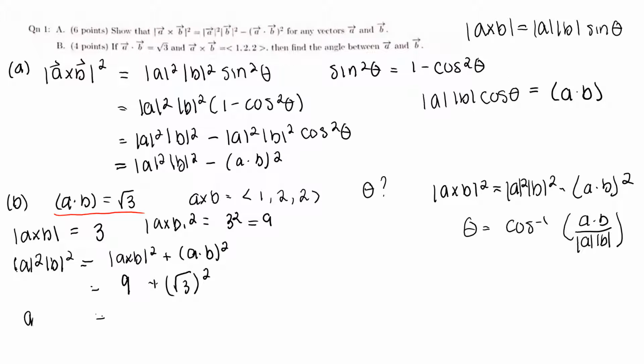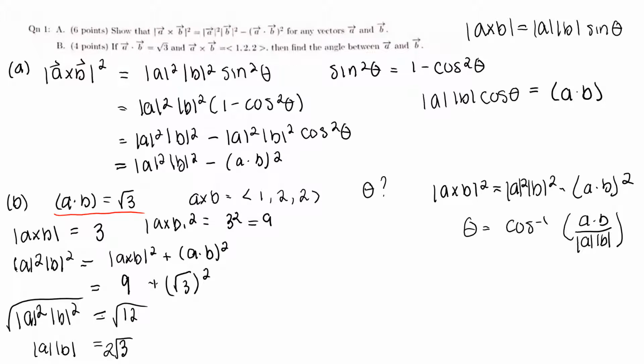Now the magnitude a squared times the magnitude b squared equals 12. We can square root both sides, and we end up getting the magnitude of a times the magnitude of b equals the square root of 3 times 2. It's 2 square root 3.